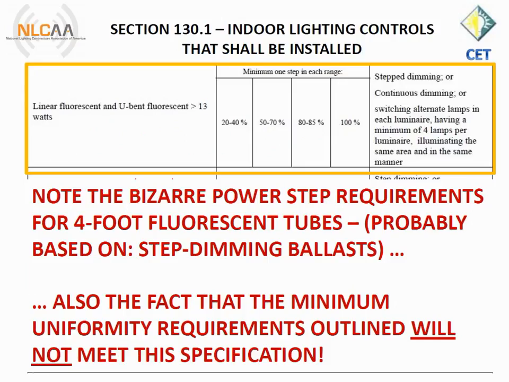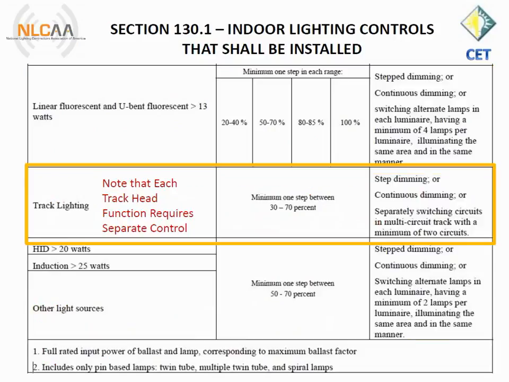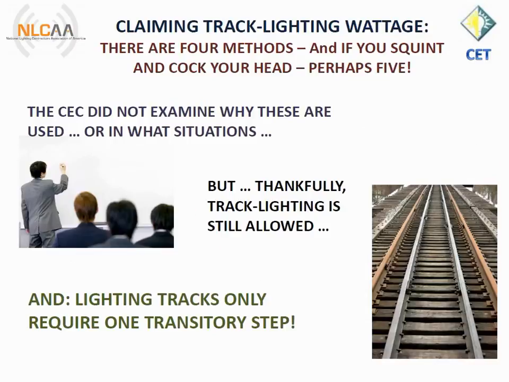Note that Table 130.1-A is referring to power levels, okay? They're talking about how much power is being consumed, not necessarily the lumen output. Track lighting is treated differently. But track lighting still has to meet all the requirements of 130.1 if required, because of shut-off controls, daylighting, and demand response.